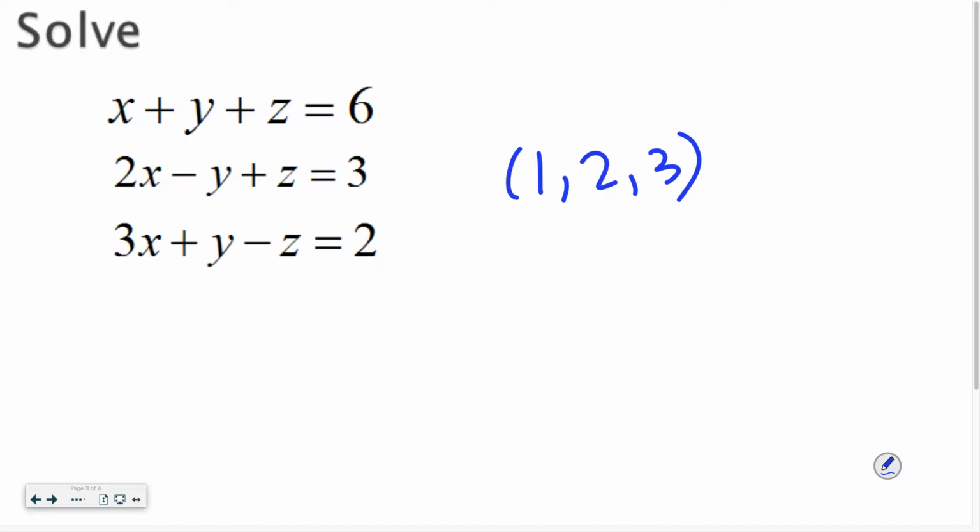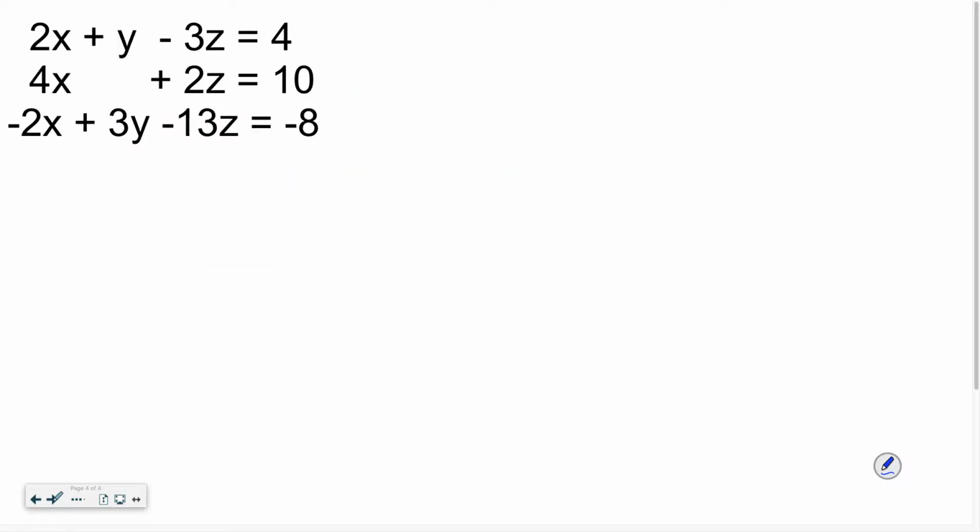So, what we are going to do now, we're going to do one more example so I can show you what happens when we have that infinite solutions case where they're intersecting in a line.